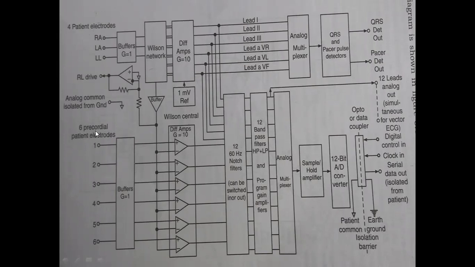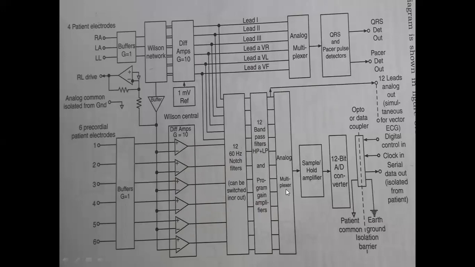And here are the 6 precordial patient electrodes, that is the chest electrodes 1, 2, 3, 4, 5, 6, and these are connected to buffer amplifiers of gain 1, unity gain. From that we apply to the differential amplifiers of gain 10, and from there we connect to the 60 Hz notch filters, and from there to band pass filters, high pass and low pass, and programmable gain amplifiers.